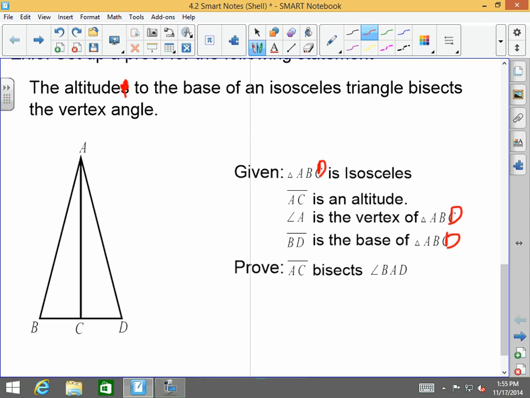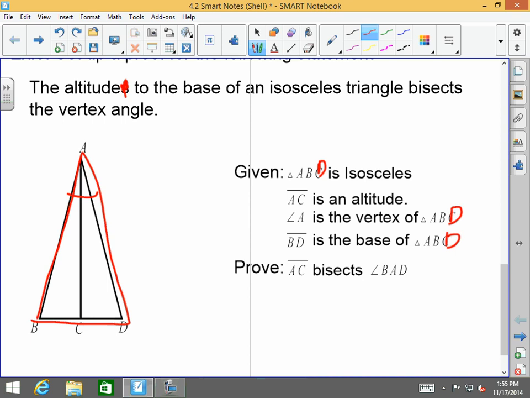There's also triangle ABC, which doesn't have a vertex because that's not isosceles. If I look at ABD here, I love your question, by the way. There's only one vertex to ABD. See what I'm saying, my man?